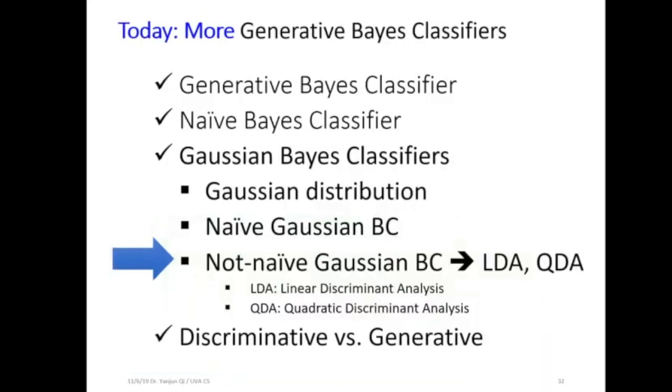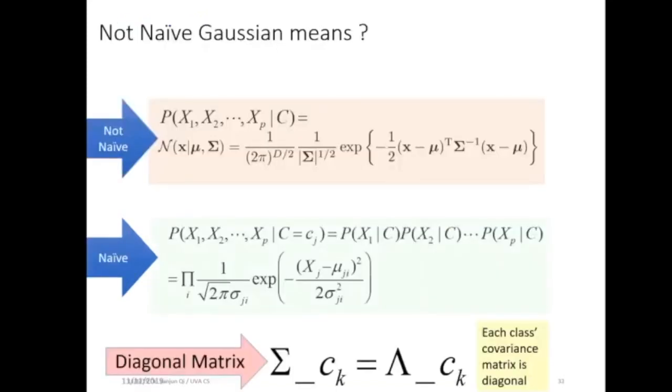Now let's see the non-naive Gaussian Bayes classifier. So there's no assumption, just using the Gaussian distribution.